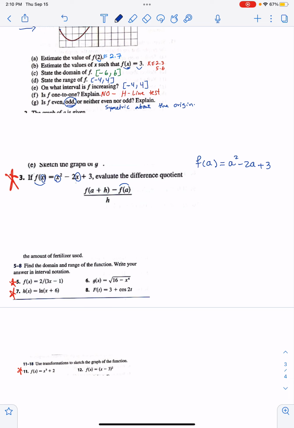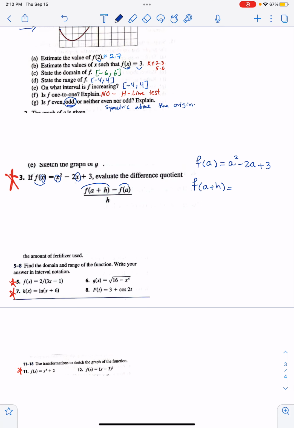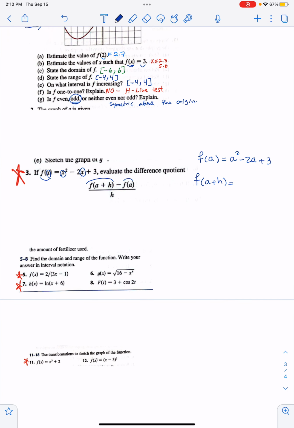Now I need to find f of a plus h. In order to find f of a plus h, I need to replace every x by a plus h. So I can put the parentheses first, squared, minus 2 times parentheses, and then plus 3.